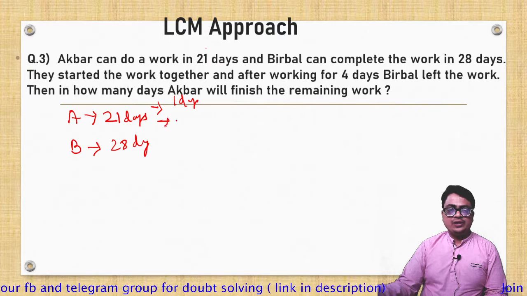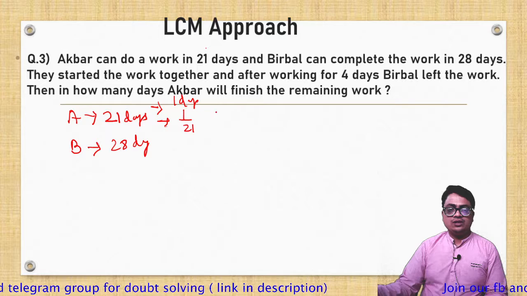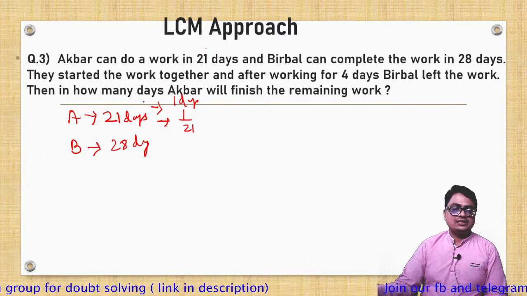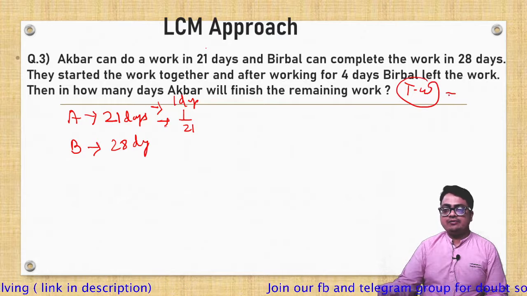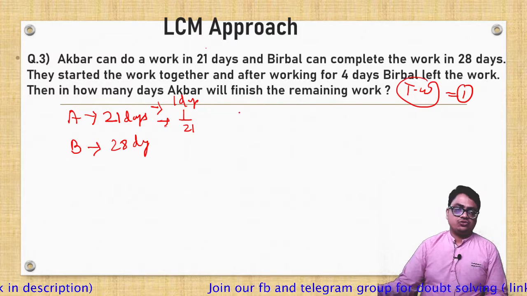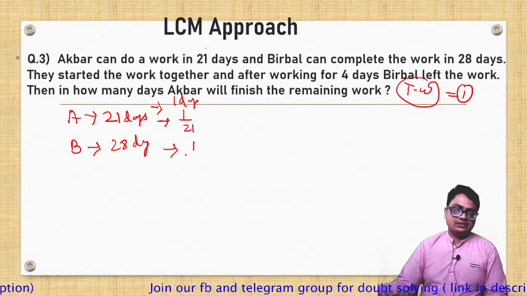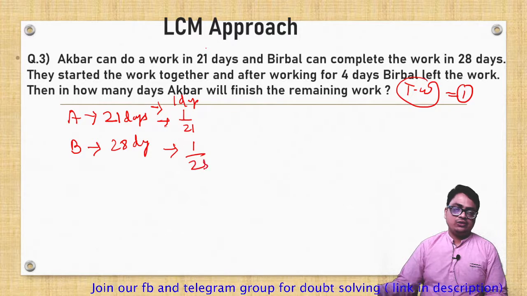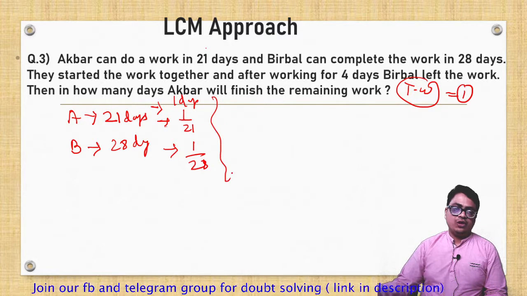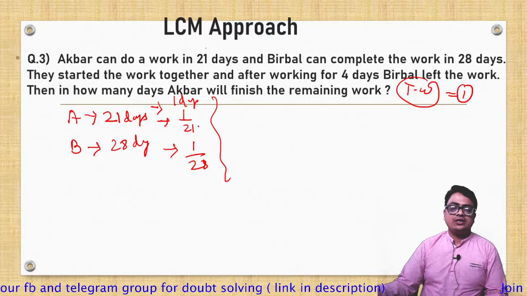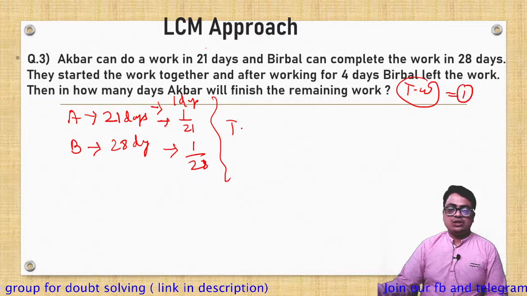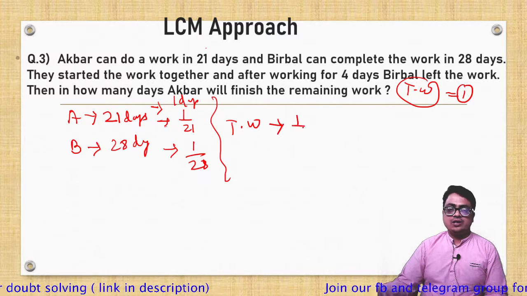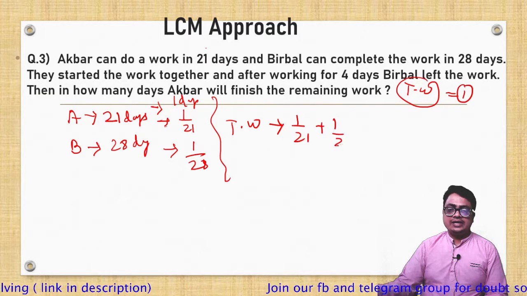The total work will be 1 unit. This is the unitary method we are doing. So, 1 by 21 for A, and here in one day B will do 1 by 28 of the work. So, in one day A is doing 1 by 21, B is doing 1 by 28. So, the total work will be nothing but 1 by 21 plus 1 by 28 in one day.